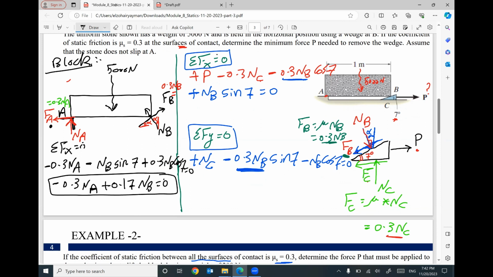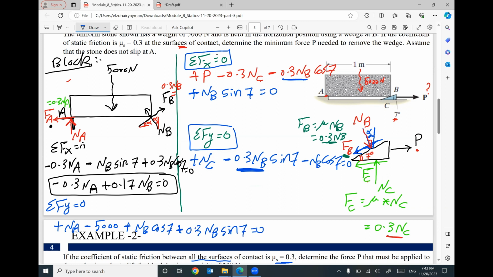If you apply summation Fy equals 0 for this part, what forces do you have in y direction? I have positive NA, I have negative 5,000, I have positive NB cosine 7, I have positive FB, which is 0.3 NB sine 7, equals 0.